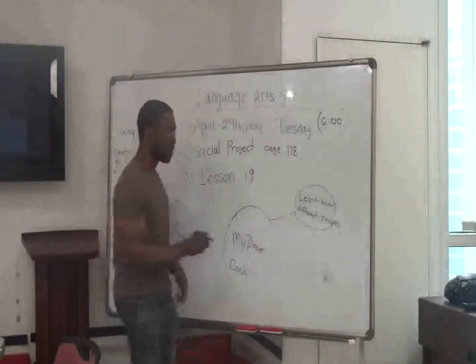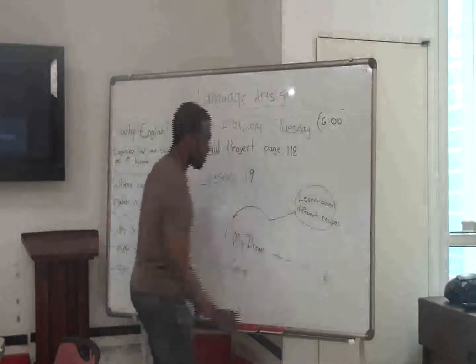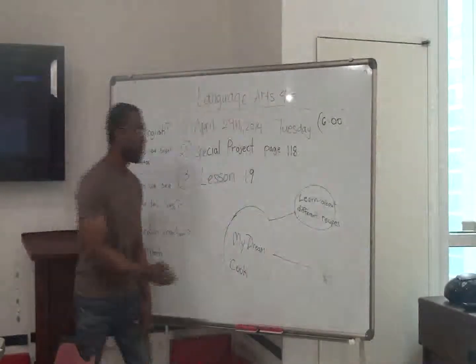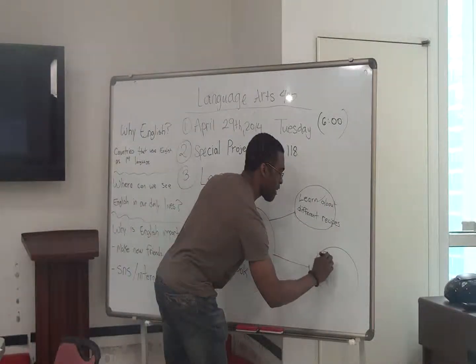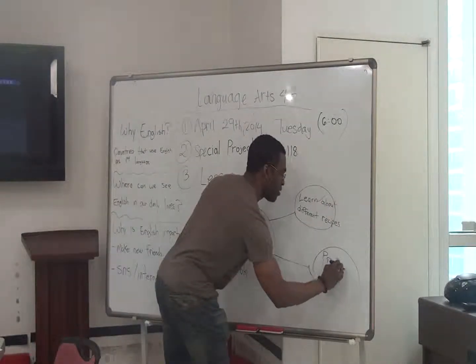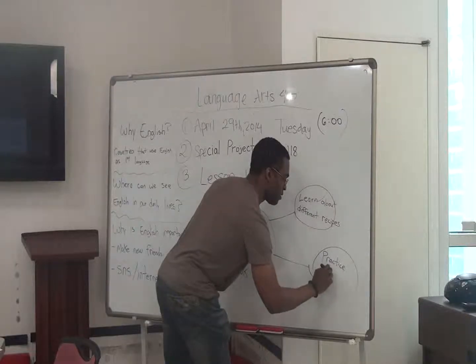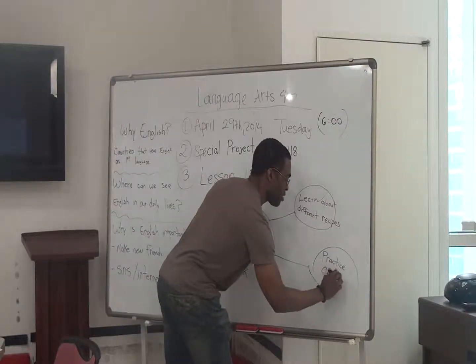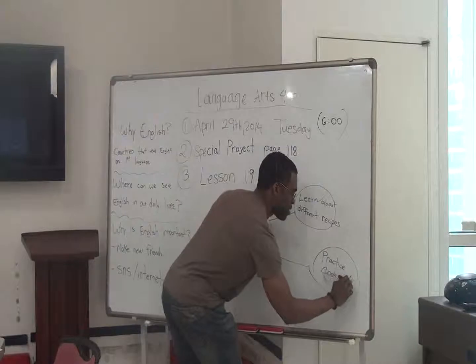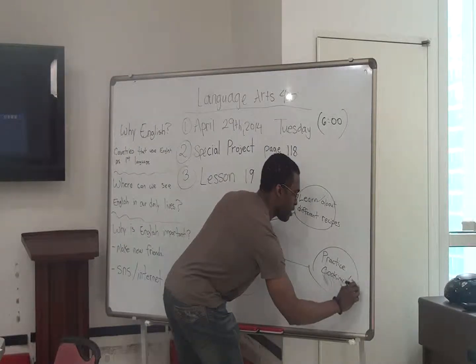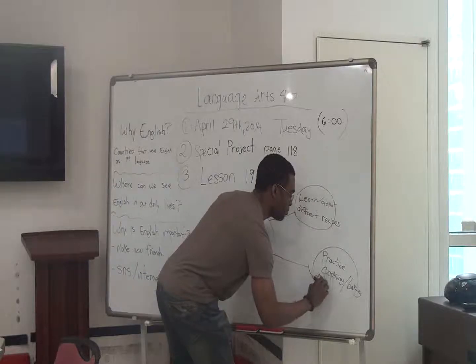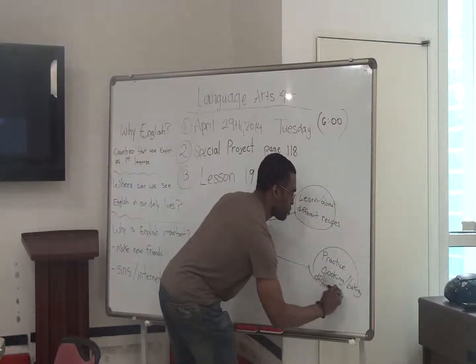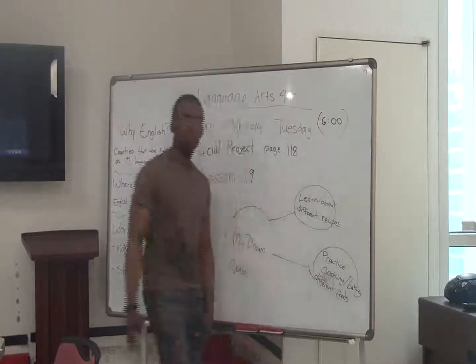Okay. So that's the first bubble. Second, if I want to become a cook, what do I have to do? I have to practice cooking, practice cooking or baking different foods. Okay?